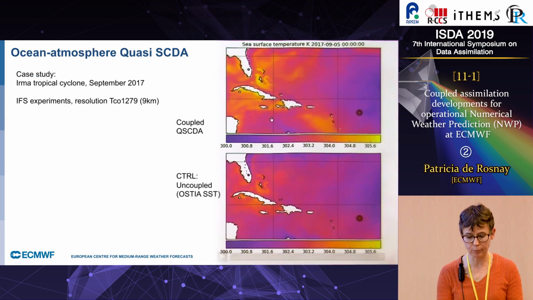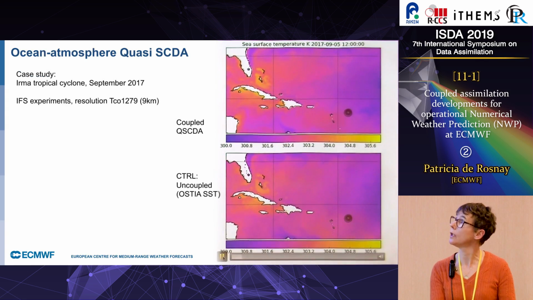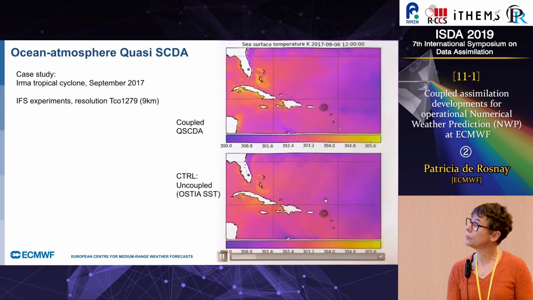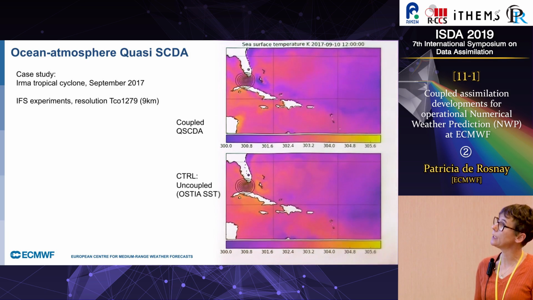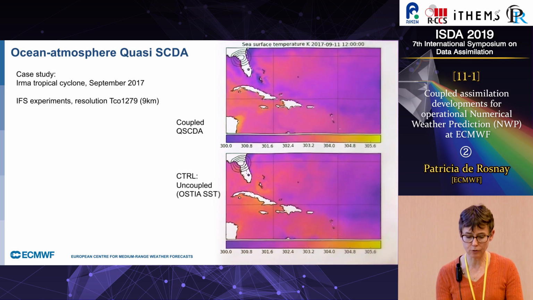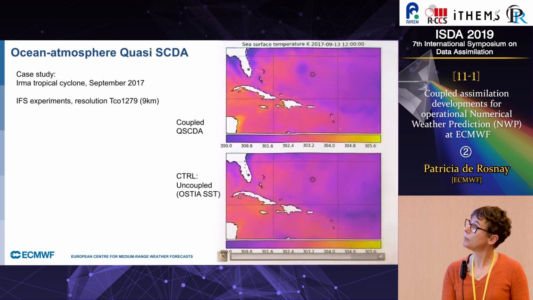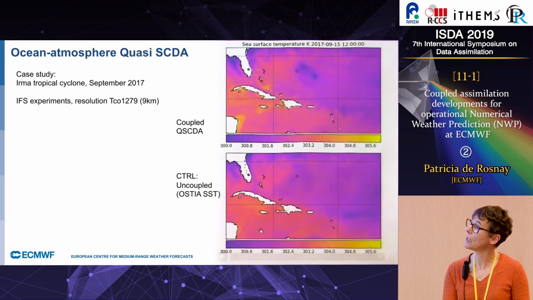And this is an example, just an illustration of the benefit of coupled assimilation on the top compared to uncoupled assimilation using the OSTIA SST. This is the Irma tropical cyclone in September 2017. This is Rose, which followed Irma at that time.